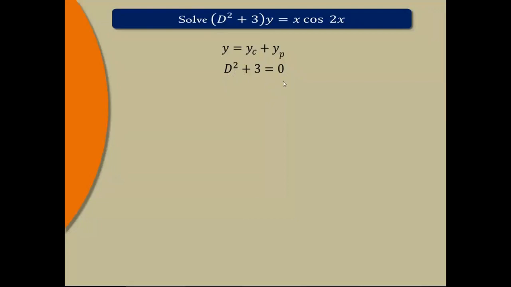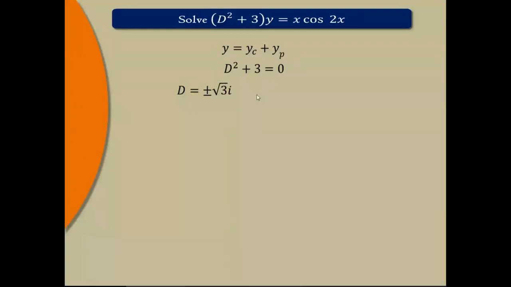And plus or minus square root of minus 3 is nothing but root 3 i, because the square root of a negative number is imaginary, a complex number. When we take a square root, we always take plus or minus. And which type of roots are these? These are imaginary distinct roots, alpha plus or minus i beta. Alpha is 0 and beta is root 3.